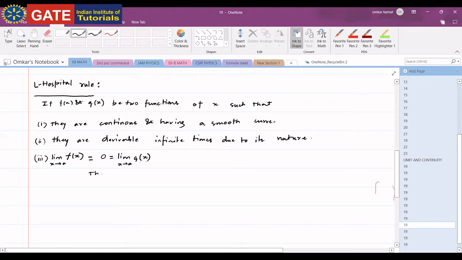Then limit as x tends to a f of x by g of x is equivalent to limit as x tends to a f dash of x divided by g dash of x. Whatever I explained just now is in the form of a statement. Clear?